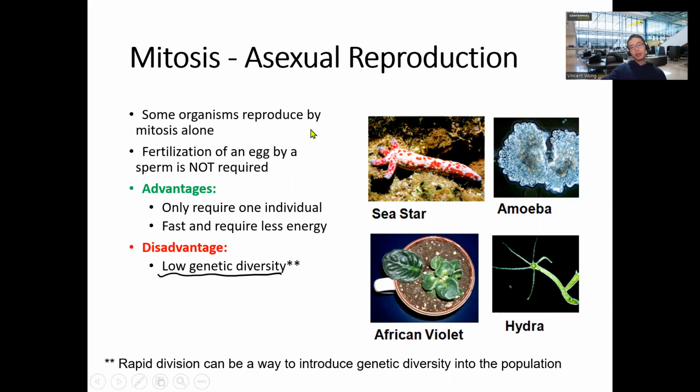If the organism is able to reproduce really fast through asexual reproduction, then every time it copies its DNA, there's a chance of making a mistake. And if sometimes that mistake creates a favorable genetic outcome, then that could drive evolution within the population. But generally speaking, low genetic diversity is a major disadvantage of asexual reproduction.